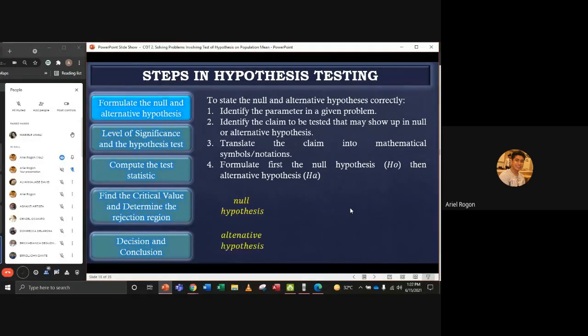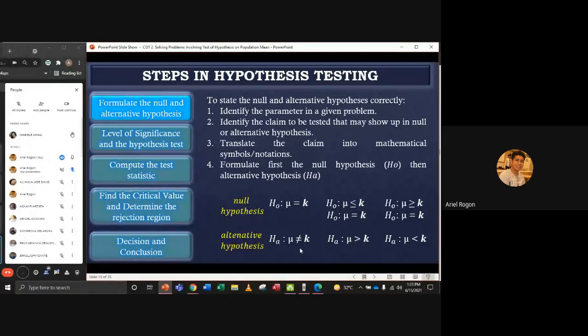In formulating the null and alternative hypothesis, we have symbols that we use. As you can see, class, this is just a recall. I know you are familiar with this. If your alternative hypothesis is unequal or not equal, then for your null hypothesis we use the equal symbol.